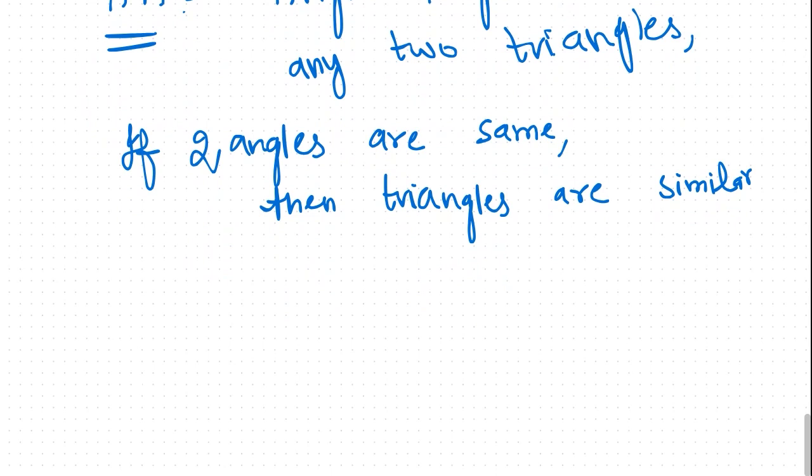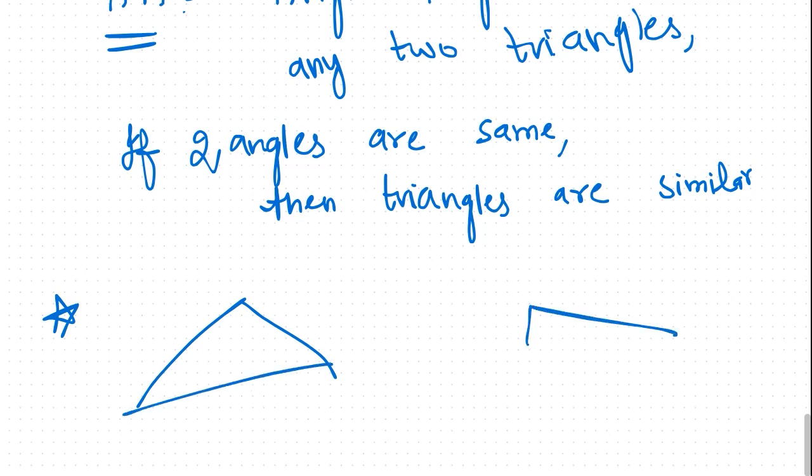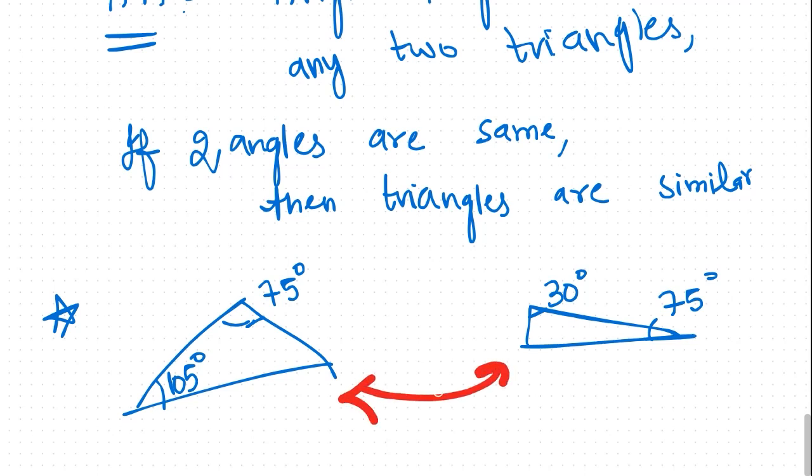Let us say there are two triangles. It is given that this angle is 75 degrees and this angle is 30 degrees. This is also 75 degrees. This is 105 degrees. Question: are these two triangles similar?